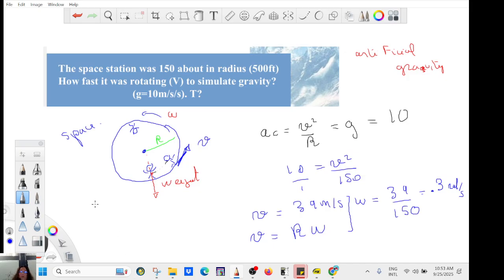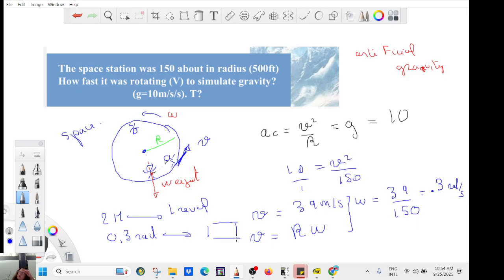How do you convert radians to revolutions per second? 2 pi is 1 revolution. And then you can find it in revolutions: 1.8, almost 2 revolutions per second.